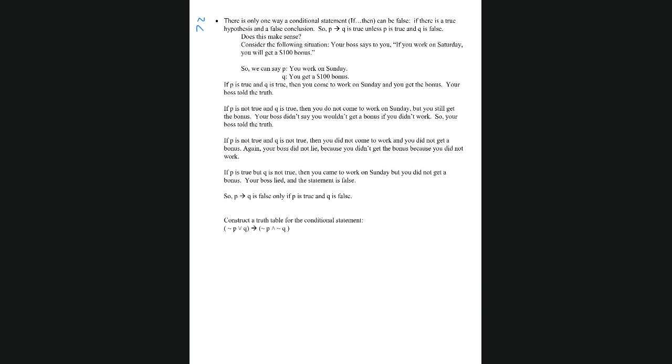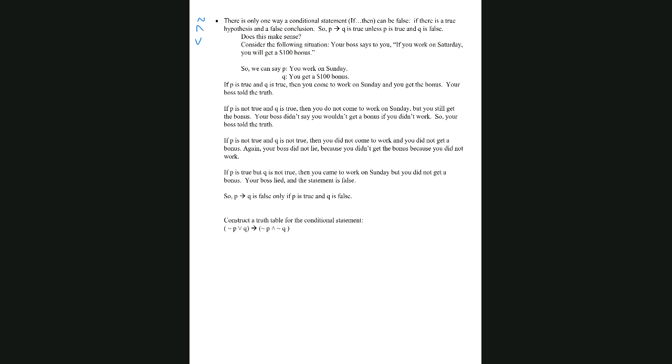Remember that if two statements have an and between them, the truth value of that is T, as long as both of the statements are true. If either of the statements or both are false, then the truth value is false. And then we also talked about or, and that's true as long as either of the statements are true. They don't have to both be true for or to be true.